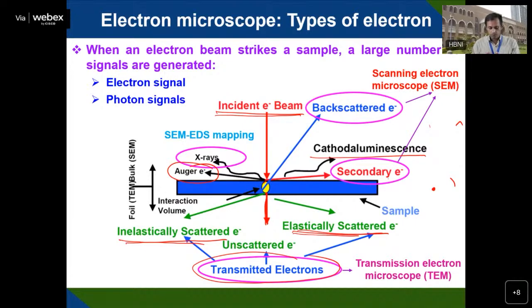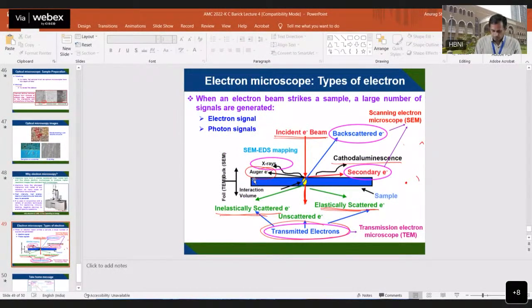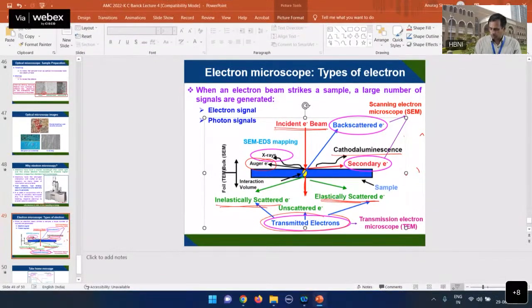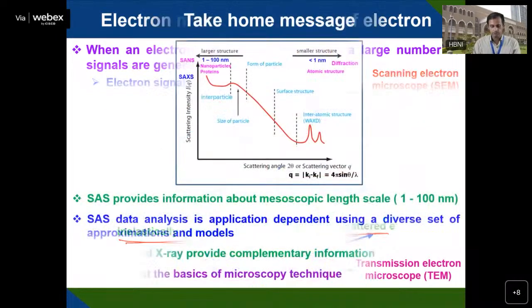So overall, the whole interaction is based on the electronic properties of the material, and you will be able to get the whole information about the material from SEM or TEM based on these two studies.